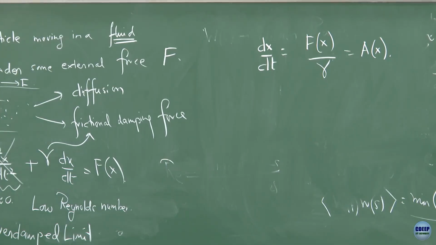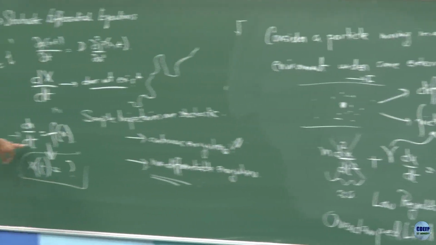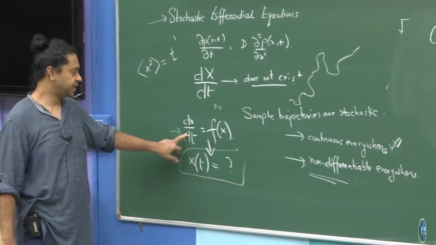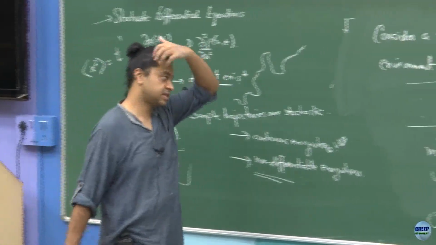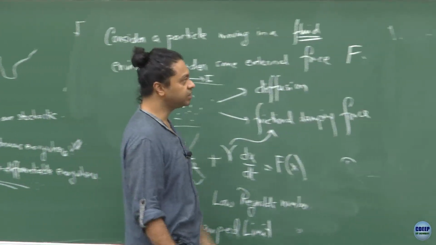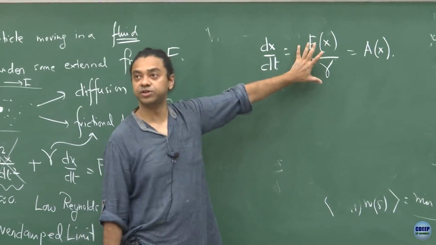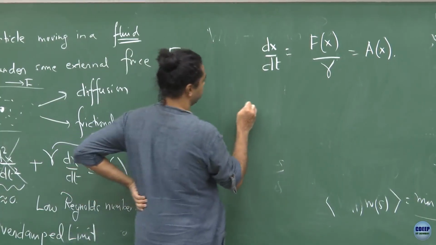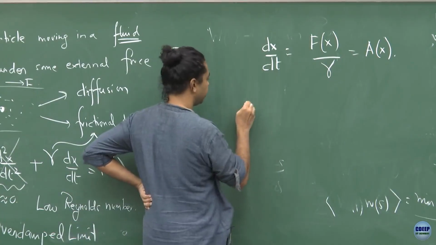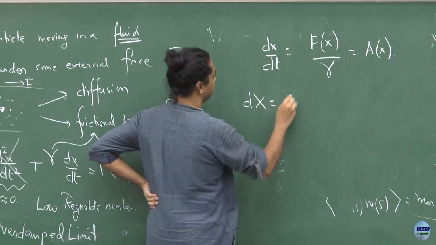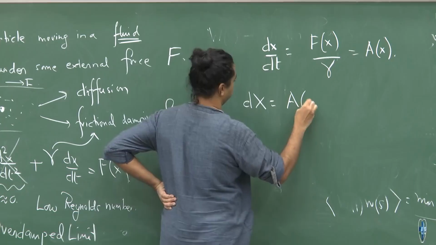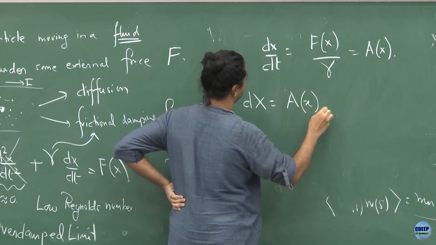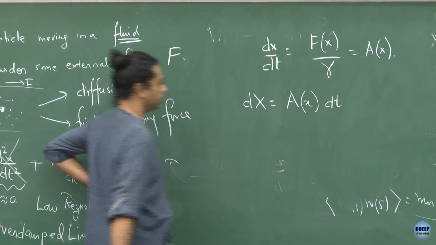Okay. So, this is my analog of the ordinary differential equation that I had. dx dt is f of x. In this case, this f of x or a of x that I have written is the force divided by the friction coefficient. And therefore, if I were to write this increment dx, it would be a of x times dt, right.